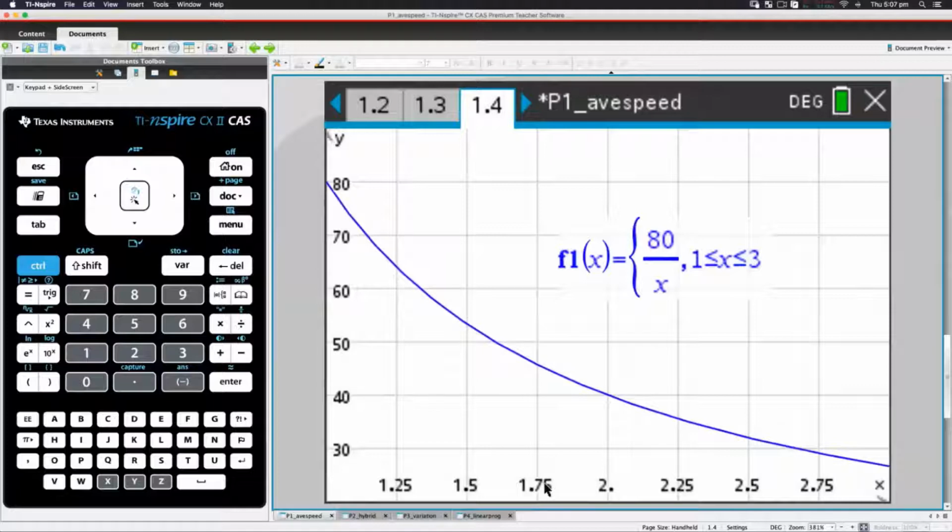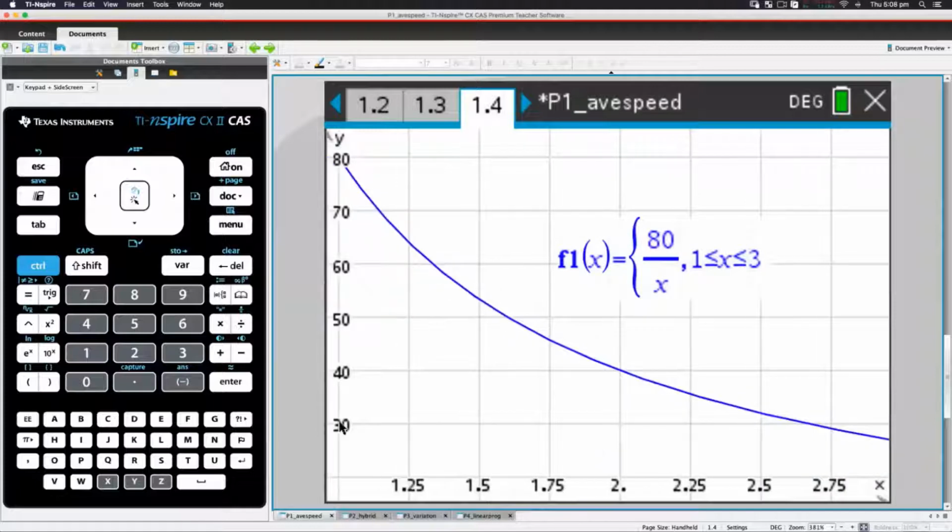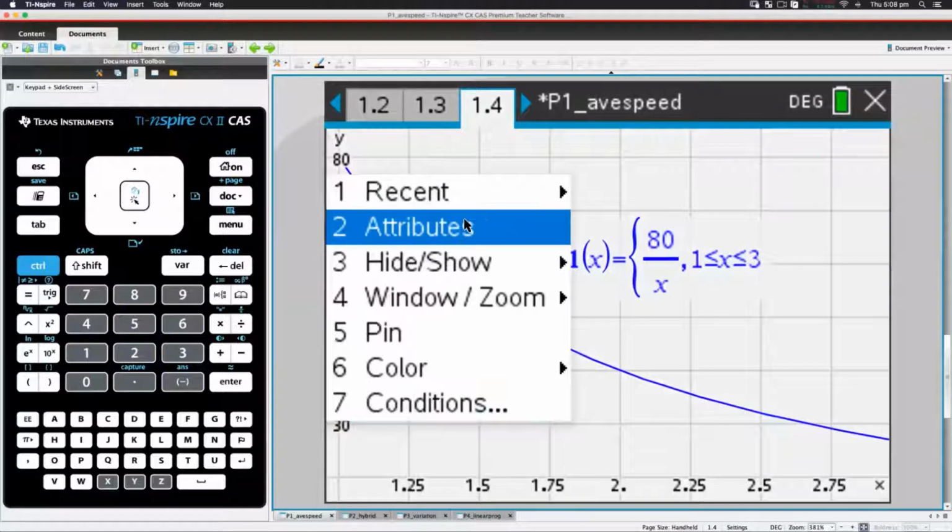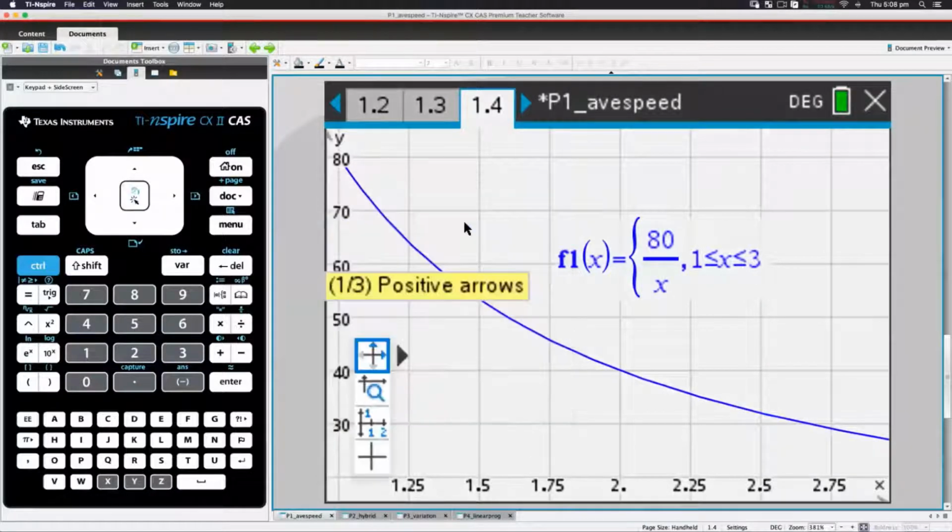That's a setting in the attributes for the axes. So it's possible for you to, I'll just show the step. And attributes. And this is not often used, but these are the attributes for the axes.